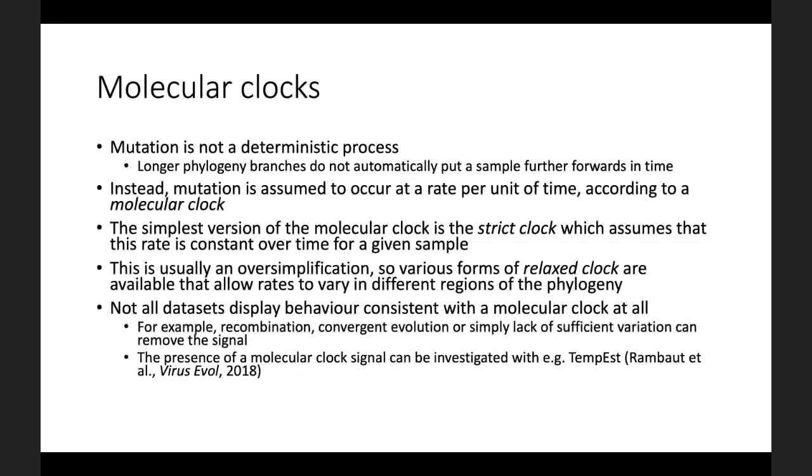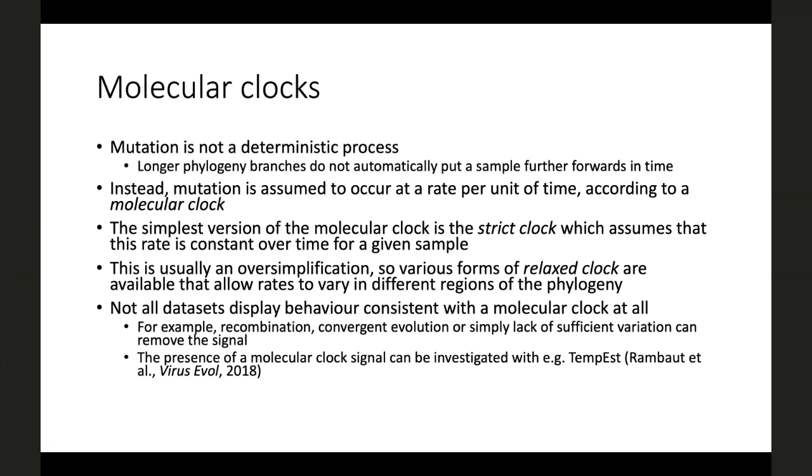So mutations are instead usually assumed to occur at a particular rate per unit of time according to what's called a molecular clock. It's determined as the rate at which mutations occur. The simplest version of the molecular clock is called a strict clock, and that assumes that the rate at which mutations occur is constant over time for a given sample.